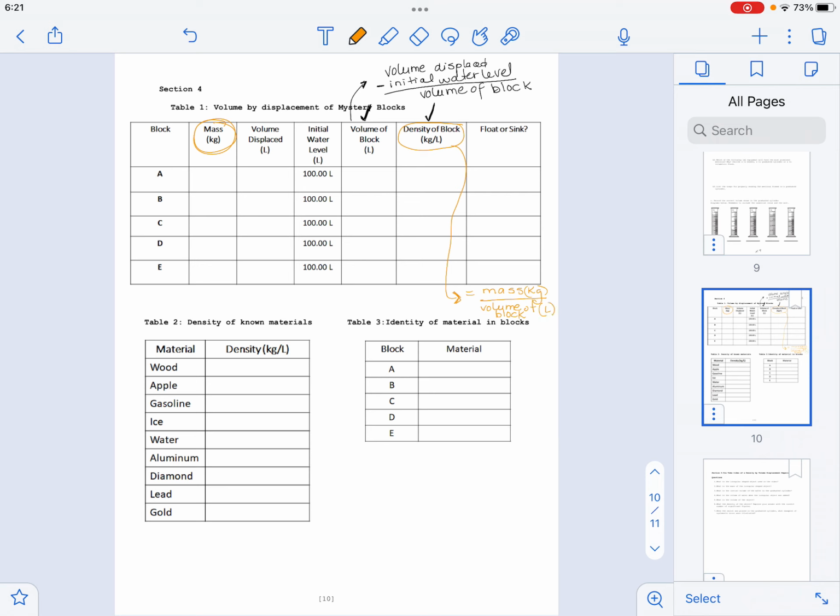So the information from the second column and the fourth column was utilized for the density of the block.